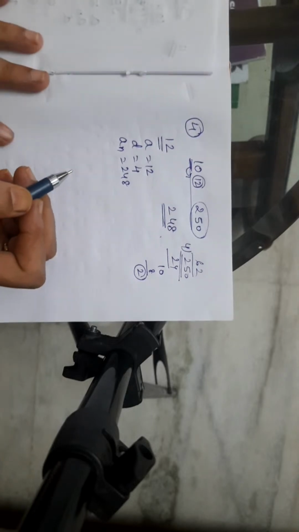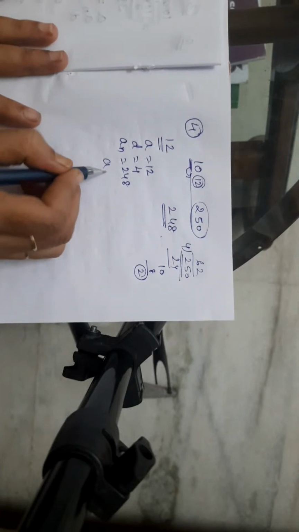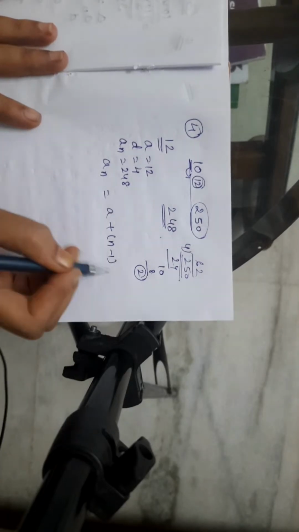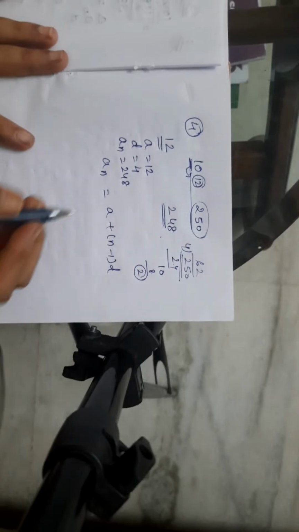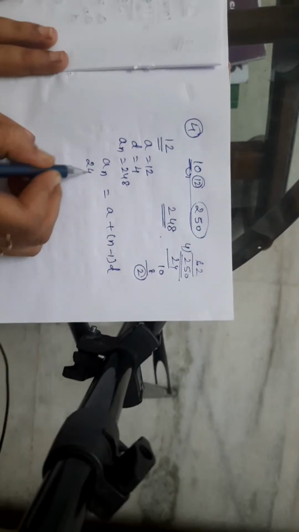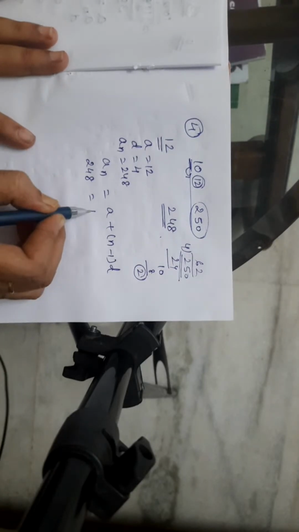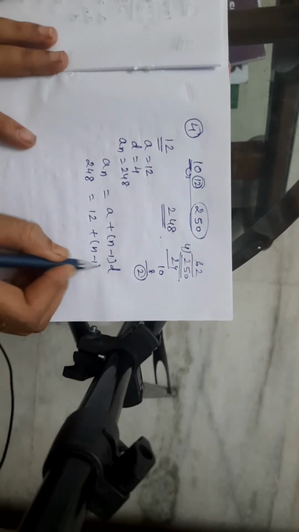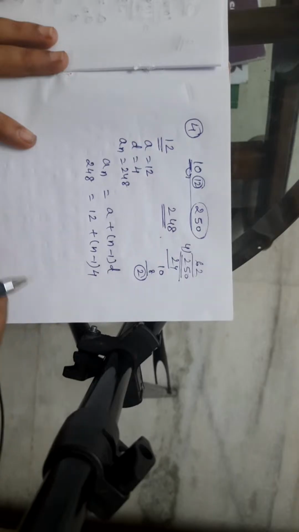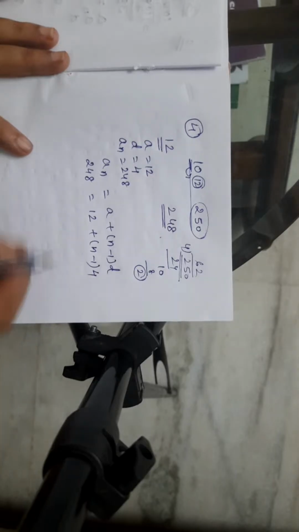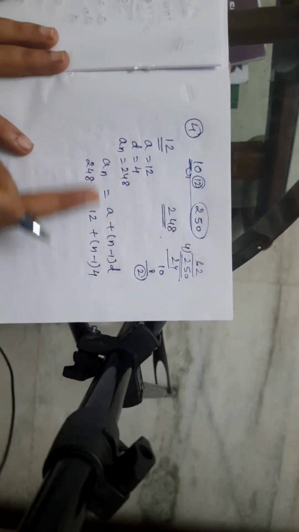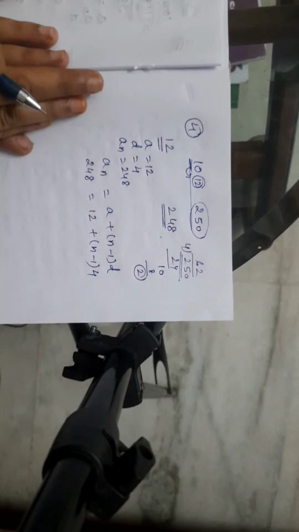We need to move on with the solution here, so let's apply the formula. an is a plus n minus 1 d. Here an is 248, the value of a is 12, and d is 4. Whenever you reach this kind of step, always shift the number first.